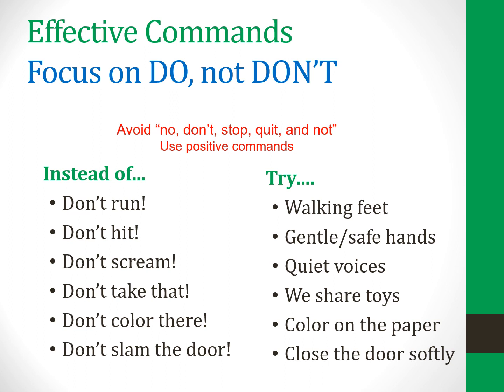So it's better to just tell me, hold the ball, or ball goes outside, right? Tell me what you need me to do, not what I shouldn't be doing. So instead of don't run, we might say walking feet. Instead of don't scream, we might use indoor voices or quiet voices, something like that. So there are just a few examples here.